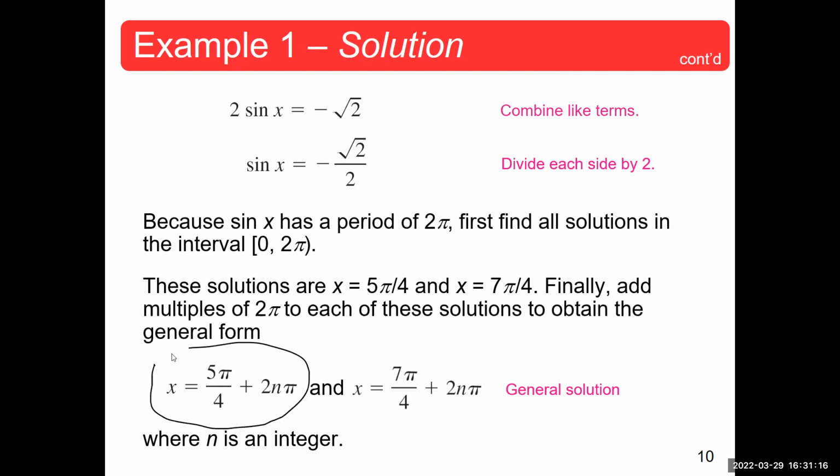Figure it out. Where does this come from? If you read the book, you have a harder time understanding where these come from. With the circle, you plot the angle and you know what you're looking for. Always your positive angles start from the x-axis counterclockwise.